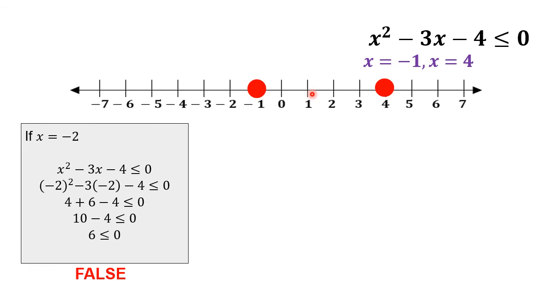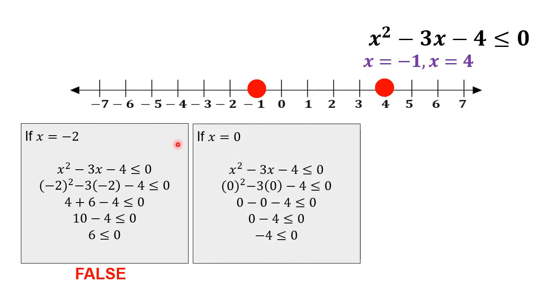second region. So, let's say, x is equal to 0. So, papalitan natin ang x ng 0. So, we have here 0 squared minus 3 times ang x na 0 minus 4, is it less than or equal to 0? So, 0 squared, that is 0.